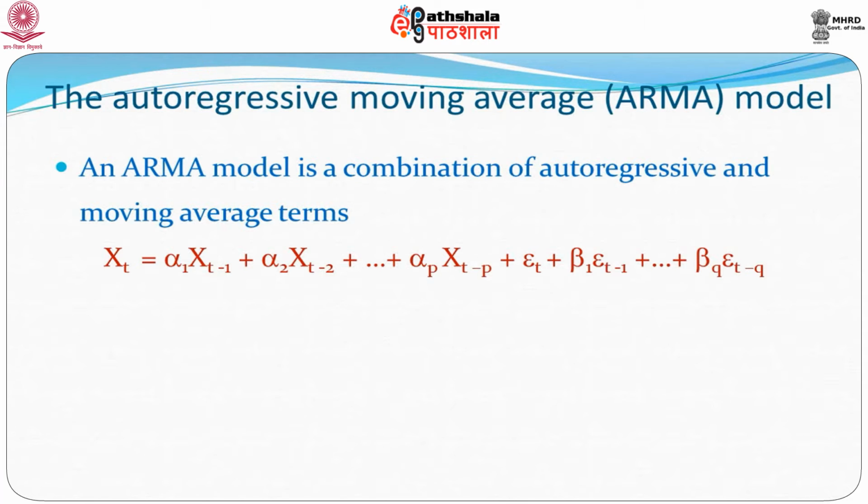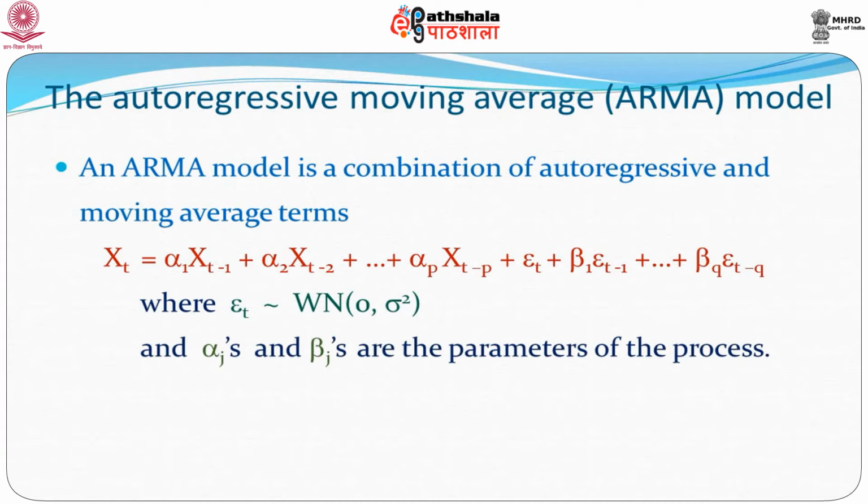This is the autoregressive part, and we have epsilon_t plus beta_1 epsilon_{t-1} up to beta_q epsilon_{t-q}, which is the moving average part. So, x_t is explained both by its own past values as well as the past and the present values of the innovations. As before, the epsilon_t's are white noise with mean 0 and variance sigma squared.